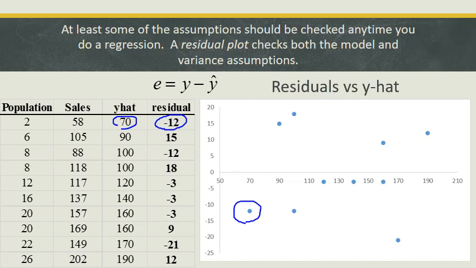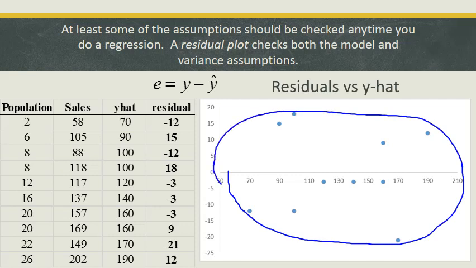And this graph is a good example of what we hope to see. We want a nice random cloud of points around the x-axis. If we see a trend or any other clear shape in the data, then it would be a problem. And later on, we'll see some examples of that.